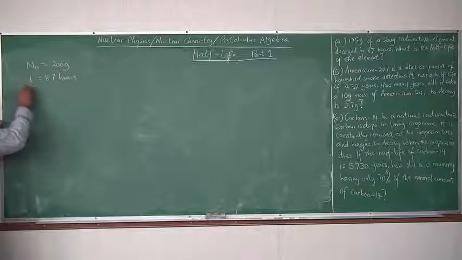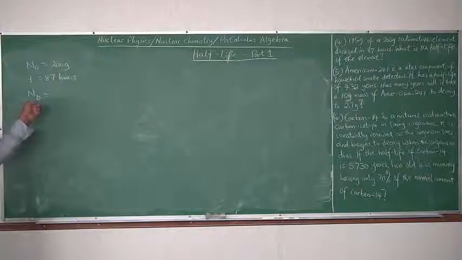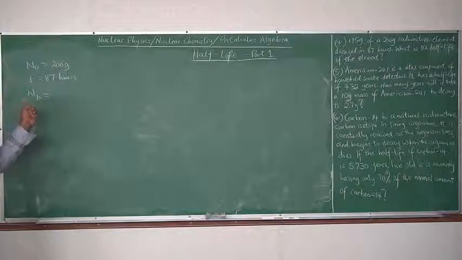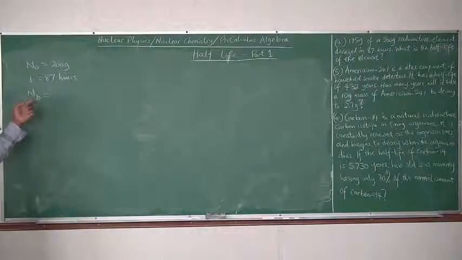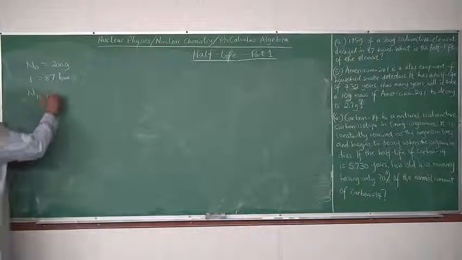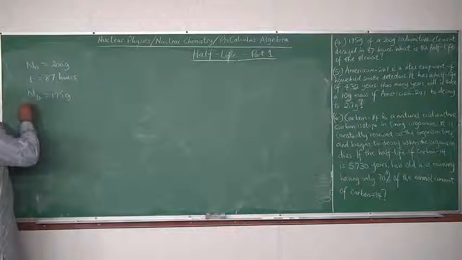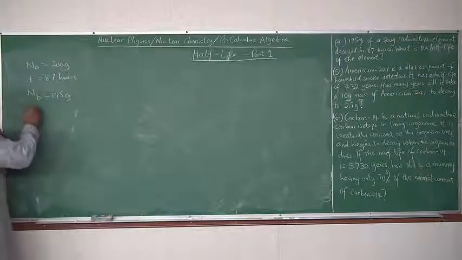The amount decayed is 175, but that is not what we want. What is the amount remaining?